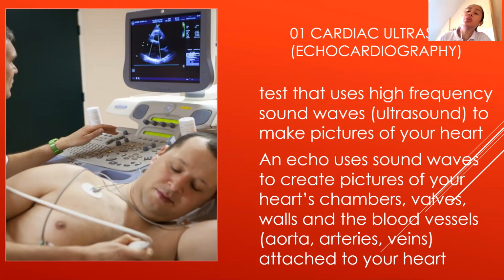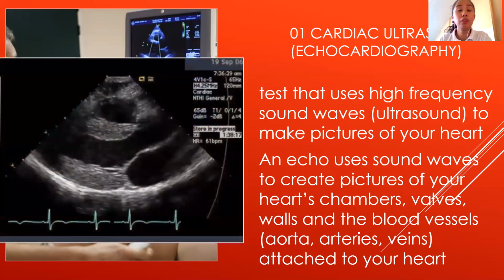The first one is your cardiac ultrasound or echocardiogram. For echocardiogram, we utilize ultrasound. It is a test that uses high frequency sound waves to make pictures of your heart. An echo uses sound waves to create pictures of your heart's chambers, valves, walls, the aorta, arteries, and veins of your heart.